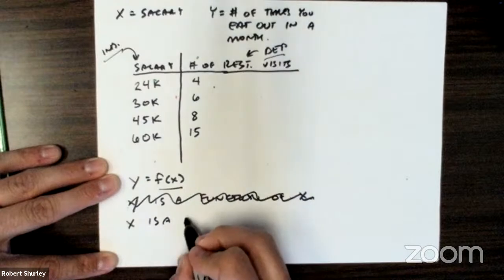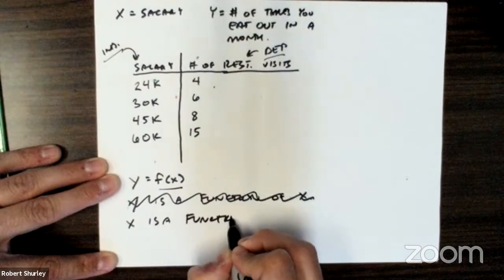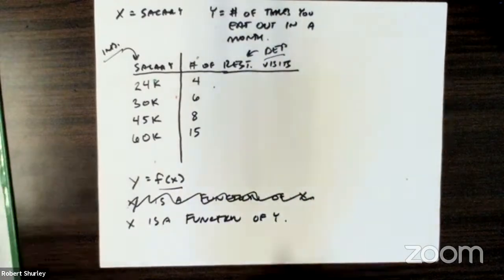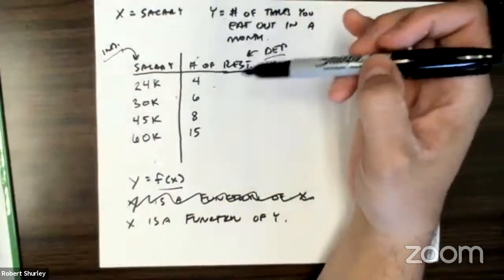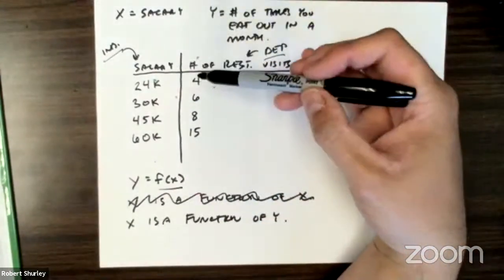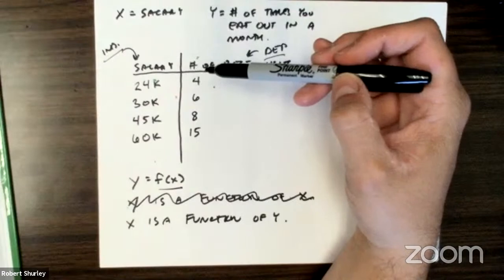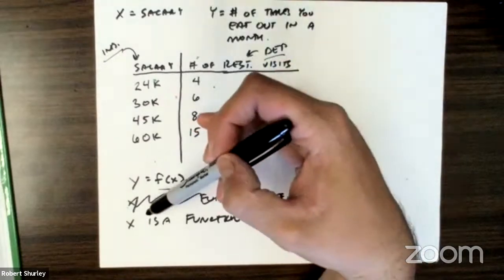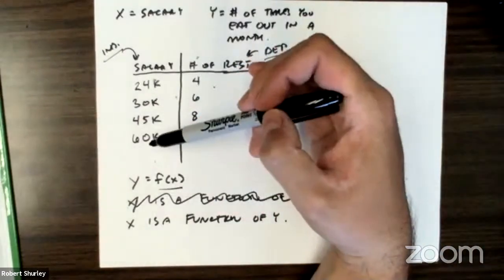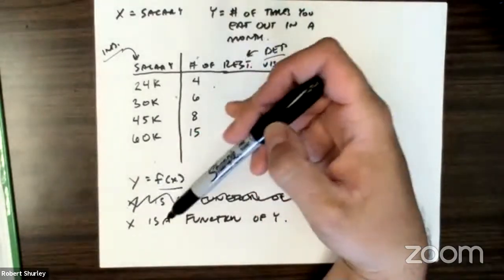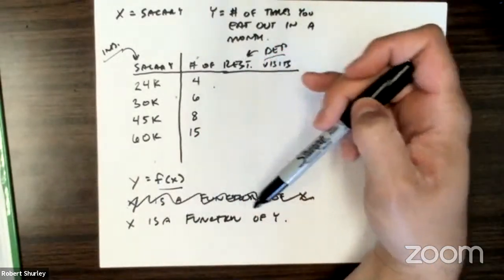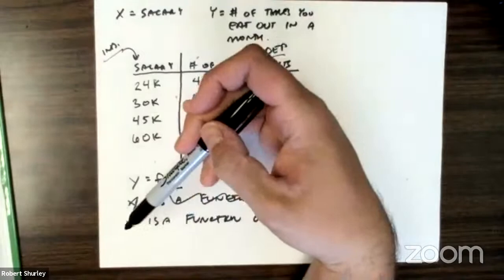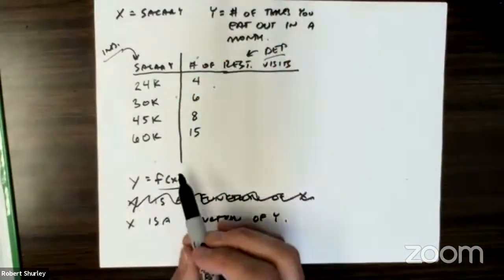X is a function of y. It didn't make sense when I started using the language. So if we bring it back to here, what this means is that the number of restaurants you visit is a function of your salary, right? The number of restaurants depends on your salary. So it's the same kind of aspect.